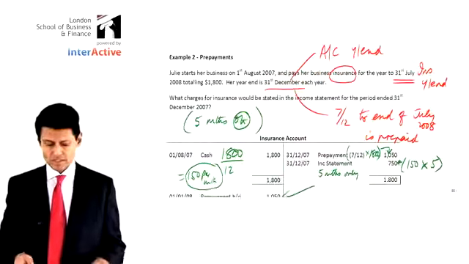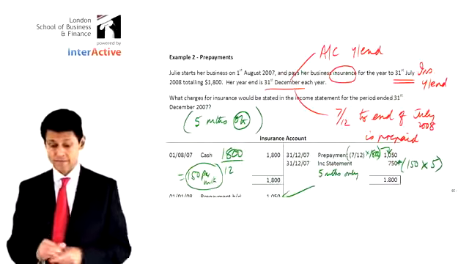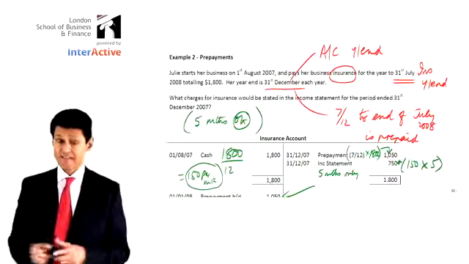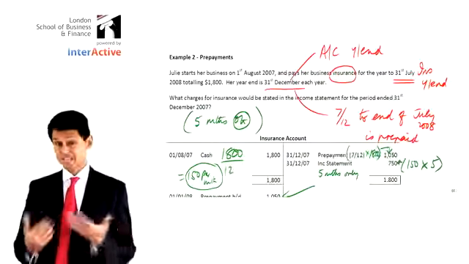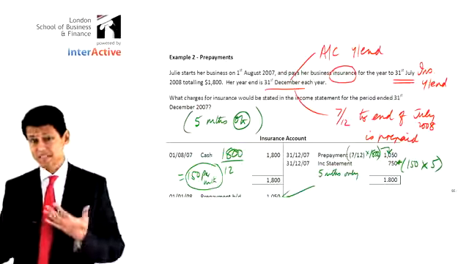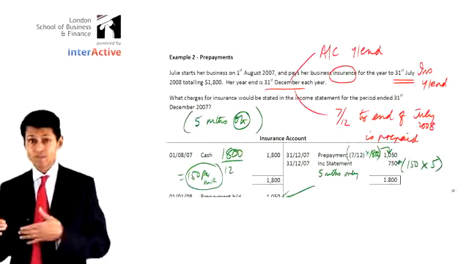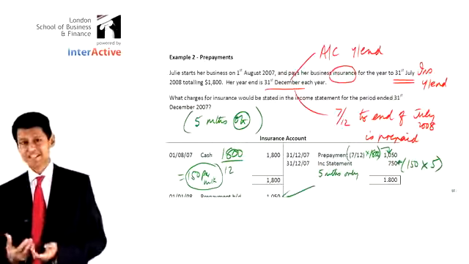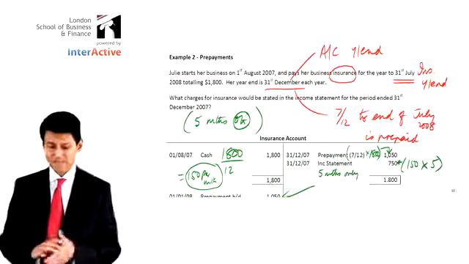Clearly, if you're Julie, you start your business on the 1st of August 2007, that runs till the end of 2007, which is 5 months. But because you've paid for a year, there's 7 months that's prepaid to next year. So that's an asset you have.